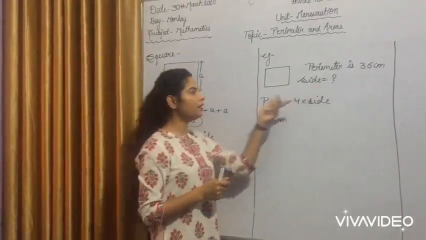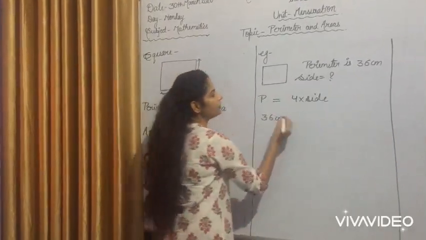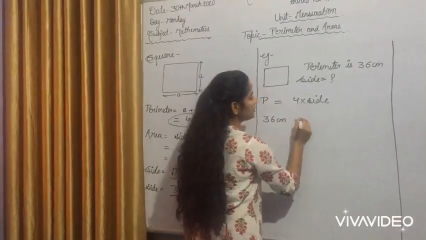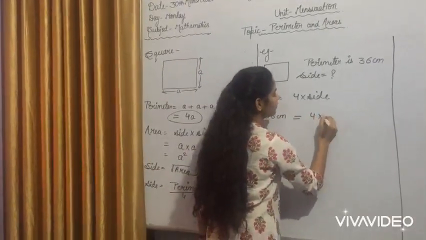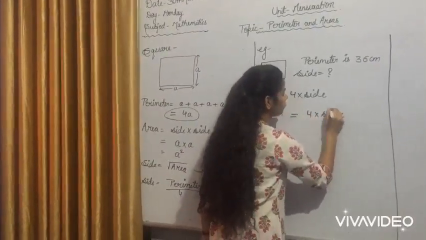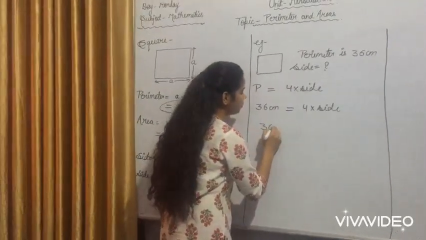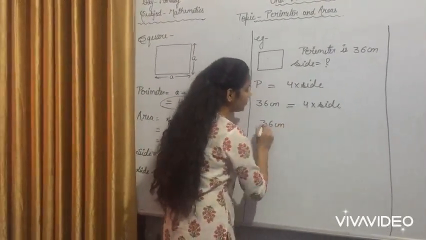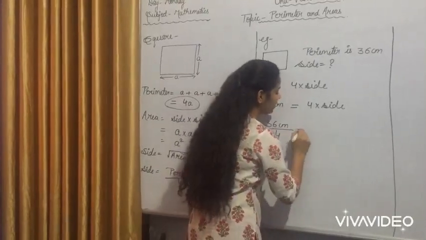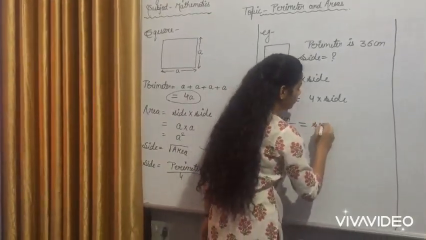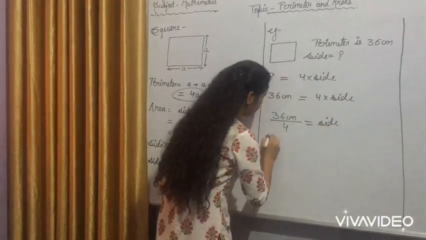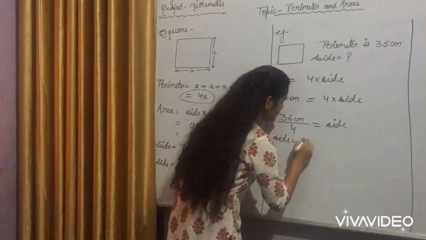We will simply put the values given here. Perimeter is equal to 36 centimeter, which is equal to 4 multiplied by side. Now to find out the side, we will divide both the sides by 4, or you can say this 4 comes in the divide when it changes its side. So side is equal to 9 centimeter.